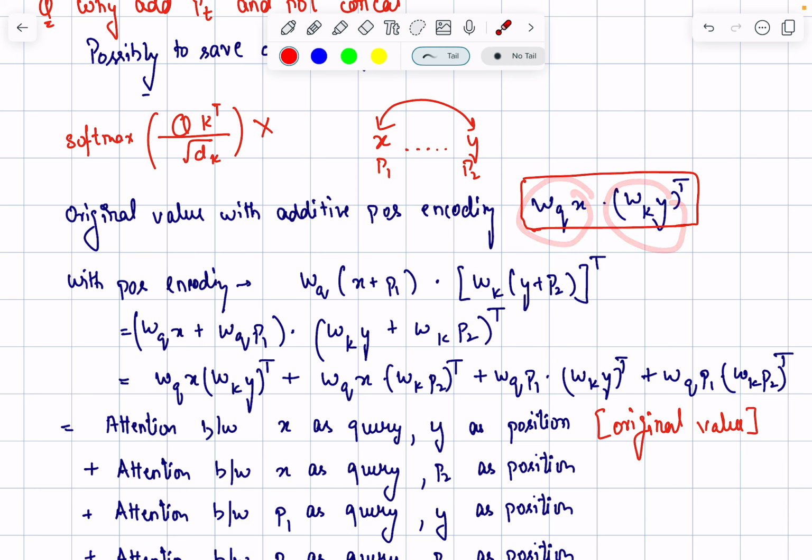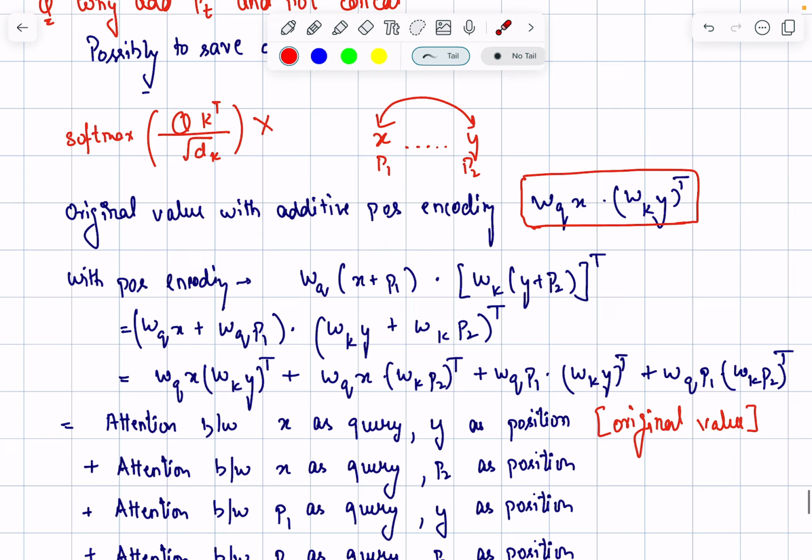This is for when you use x as query and y as key for a particular value in the QK transpose matrix. So this will be a transpose. This will be a matrix of size n cross n, correct, where n is the sequence length, and this is representing one element of this particular matrix.